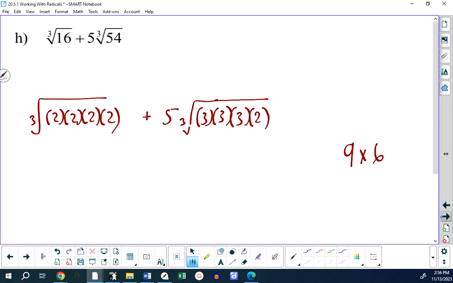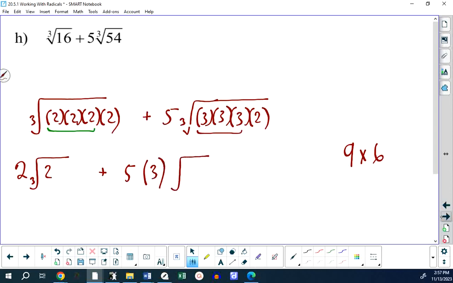Even for something, everybody, as simple as this, 16 I don't need to double check. But for something as simple as this, I would want to double check myself. Is 3 times 3 times 3 times 2 54? And it is. But I want you to get in the habit of double checking. So these 3 2's make an exit to become 1 2. And we're left with a single 2 inside. These 3 3's make an exit and become a 3 on the outside, leaving, well, there you go.